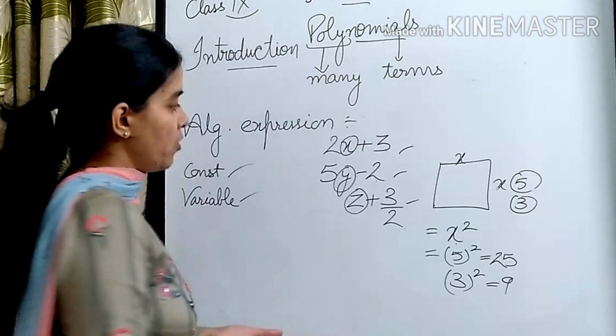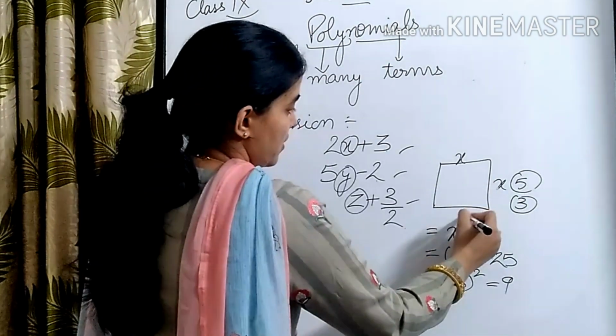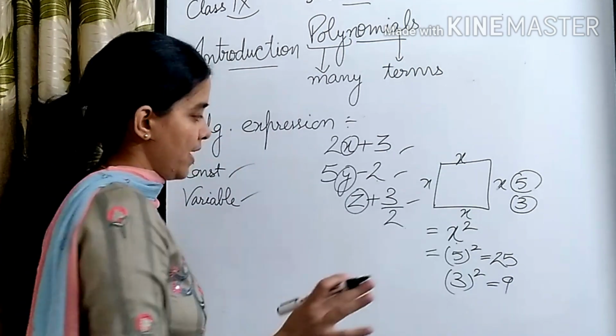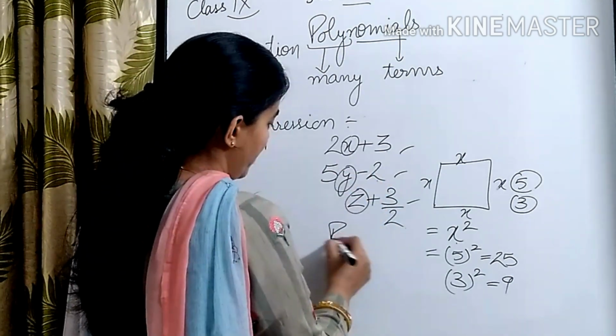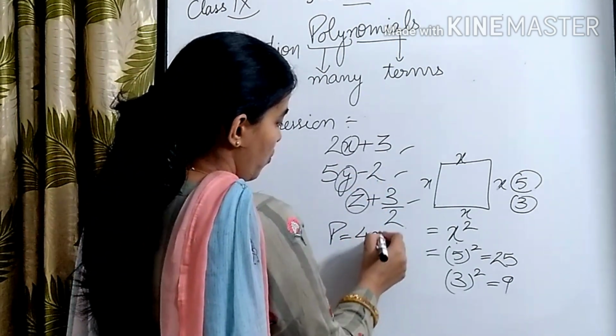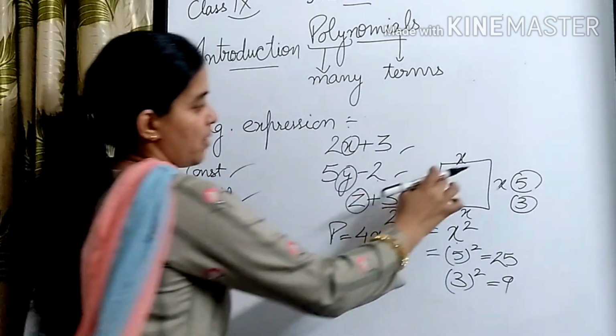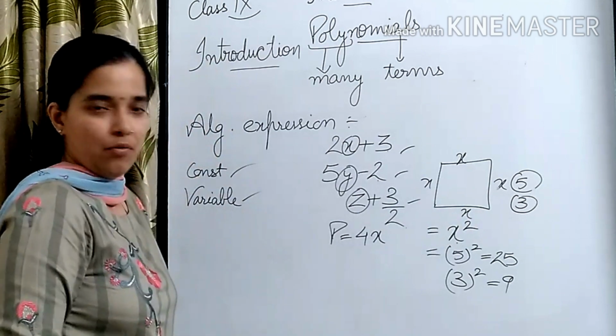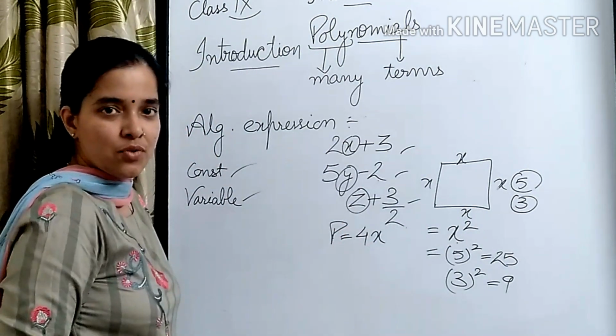So how to explain constant? Suppose this is a square. If one side is x, all other sides are x. So for finding its perimeter, what is perimeter? Perimeter is the sum of all the sides. If you add all the sides of the square, what will come? 4x. So perimeter is 4x.